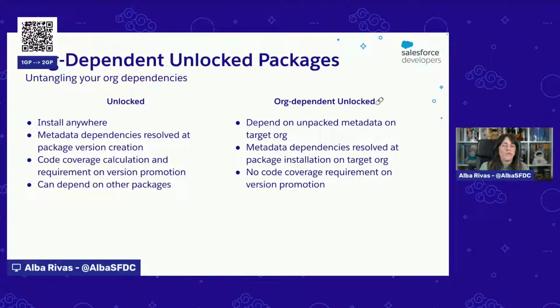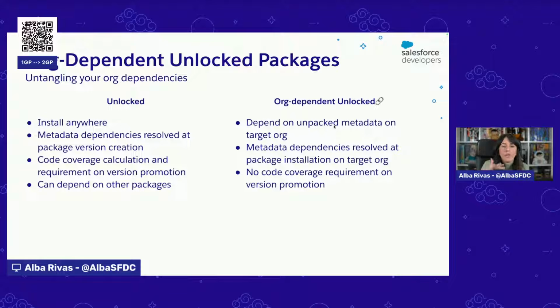So there is an option for you. There is a special type of unlocked packages called org-dependent unlocked packages. And these are slightly different from the regular unlocked packages, okay? So for unlocked packages, you can install them anywhere, in any org, right?